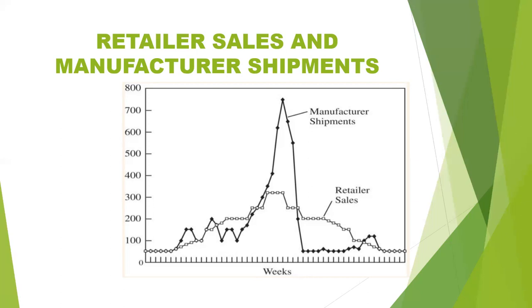Whereas the manufacturer shipments are much more, above 700. It usually started at a very low price, and then a huge peak was reached during a particular period, and because of this, there is a very drastic discount or a fall in the pricing strategy.